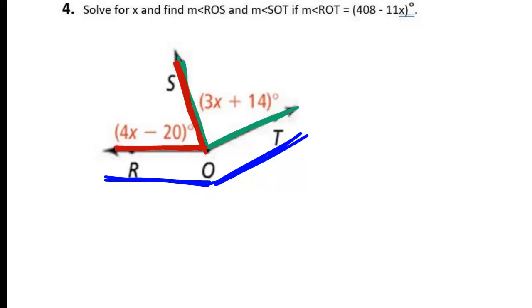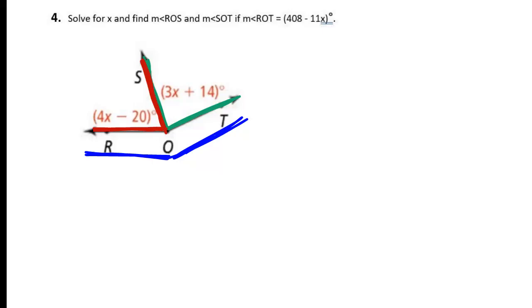Do ROS and SOT share a side? Are they adjacent? Yes. So when I take ROS and SOT and add them together, it gives me what? Not necessarily 180, because it doesn't make a straight line. It makes ROT. When I take the red angle and add it to the green angle, I get that one I've outlined in blue on the bottom.